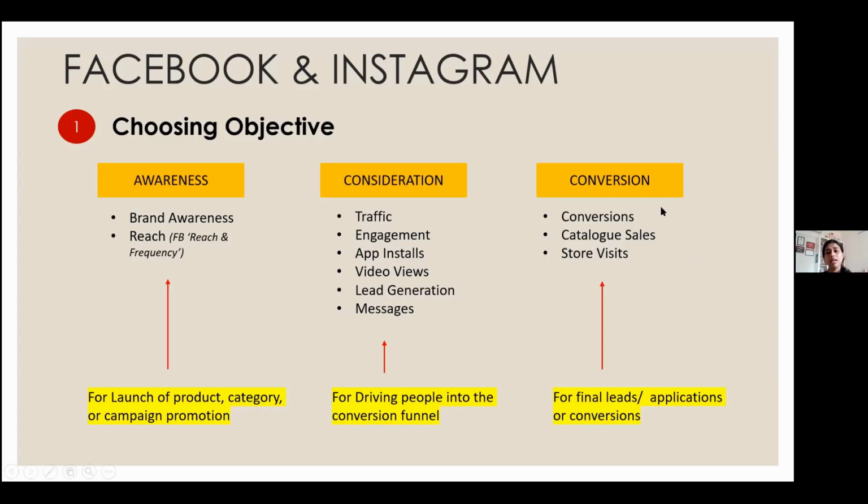The last one is where you have direct conversions. Forever 21, like I said, directly people can come and buy the product. Catalog sales is wherein you have a list, and a lot of these local stores do catalog sales, right? They have a list of products listed there, and you want people to buy through Facebook itself, right? Because they don't have people going to their website, so they have people buying through Facebook itself.